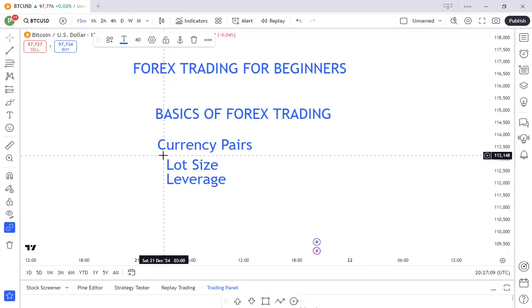I hope you are writing it down, because you need to know all these basics of forex trading. We have currency pairs, lot size, leverage, take profit, stop loss, and time frames. All these are the basics of forex trading.